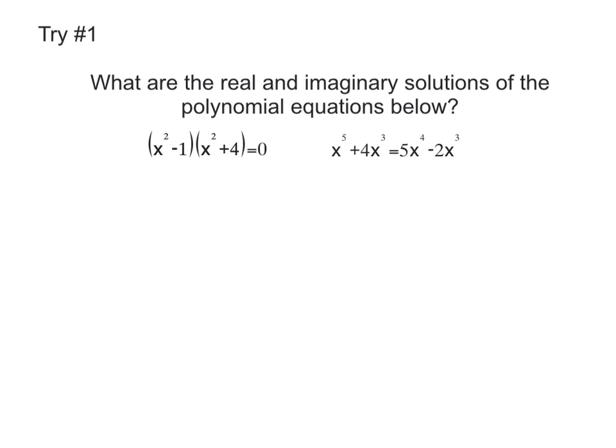X squared and 1 are both perfect squares. So those factors, if I break down x squared minus 1, that would give me x plus 1 and x minus 1. And then I still have x squared plus 4. Now this last part, I would actually need to do the quadratic formula for that.